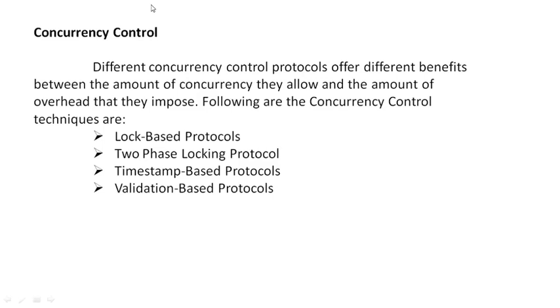In computers, concurrency control means that in the execution of concurrent transactions, we have to take care about the correct results. This concurrency control helps to ensure the correct results.